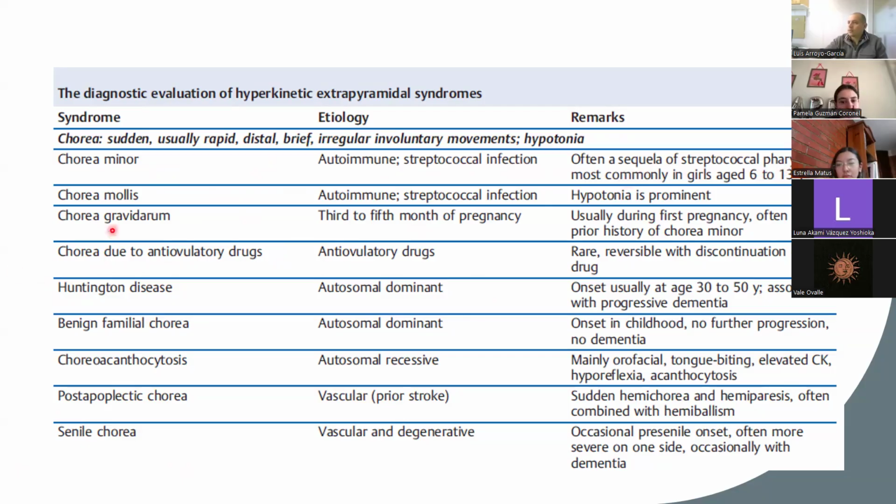Chorea mollis is the same, autoimmune or streptococcal infection, and we can check all of these.